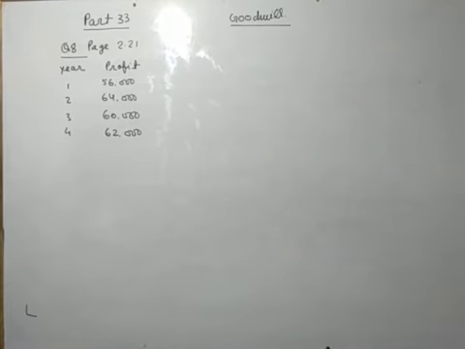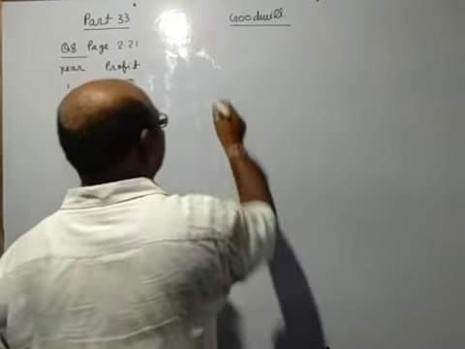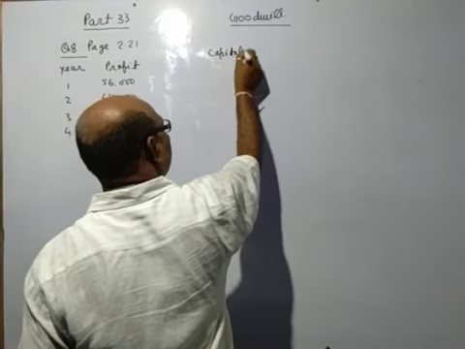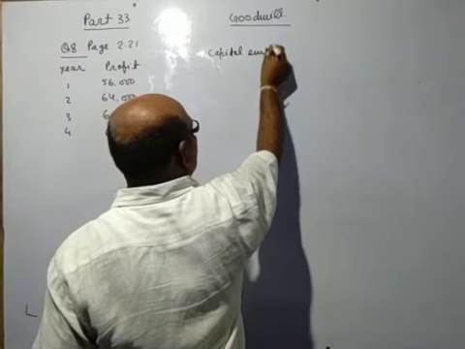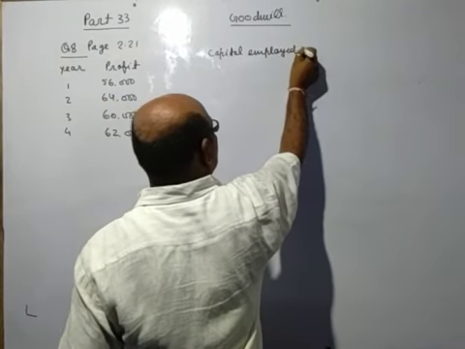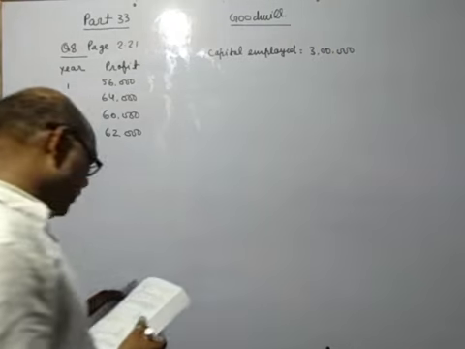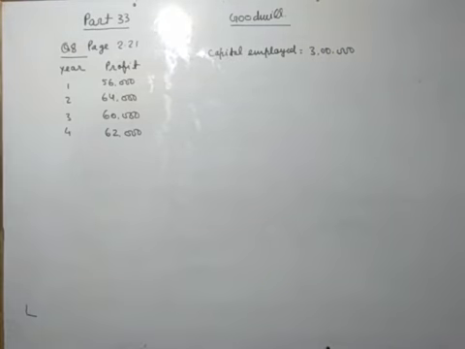The capital investment in the firm throughout the above mentioned period has been 3 lakhs. So capital employed is given as 3 lakhs. Having regard to the risk involved, 15% is considered to be a fair return on the capital.